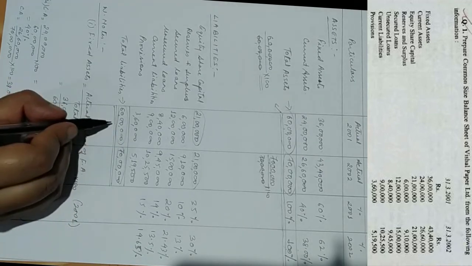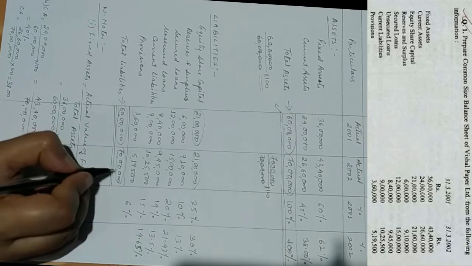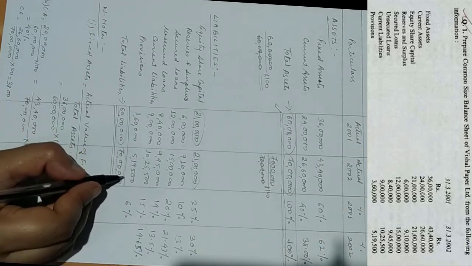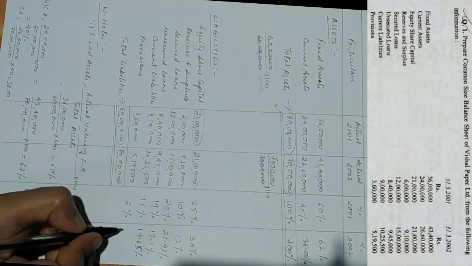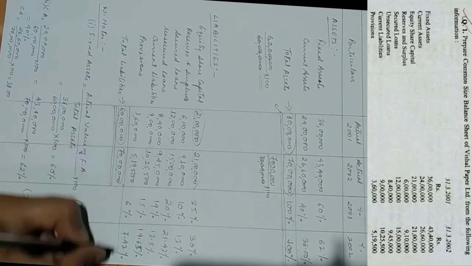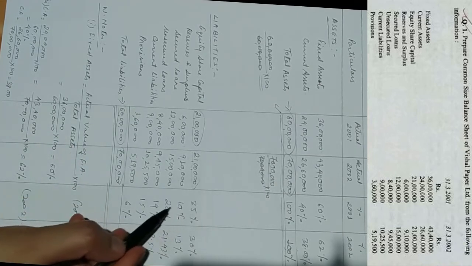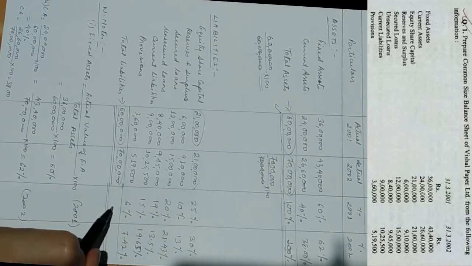Then 3 lakh 60,000 divided by 60 lakhs into 100, we get 6%. 5 lakh 19,500 divided by 70 lakhs into 100, we get around 7.42%.